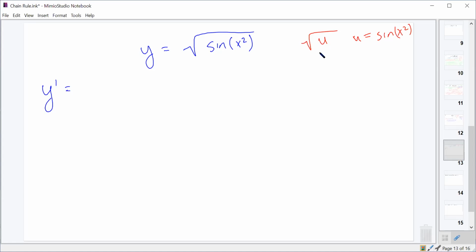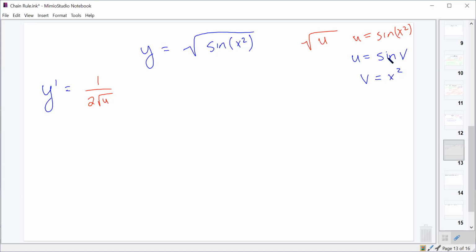That ought to be 1 over 2 root u times the derivative of u. But since u is sine of x squared, we're going to have to use a composition. So u is the sine of, we'll say, v, with v equal to x squared.